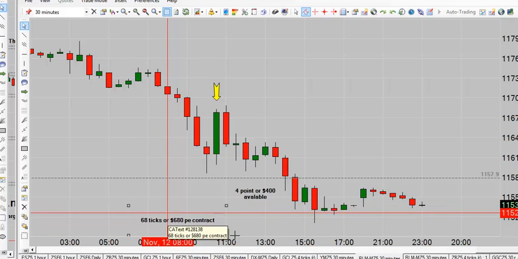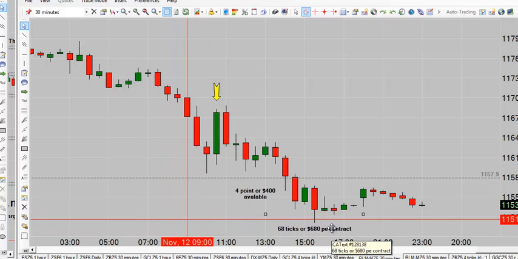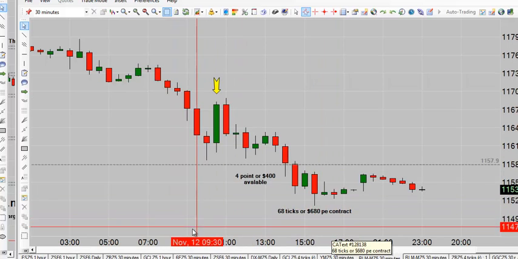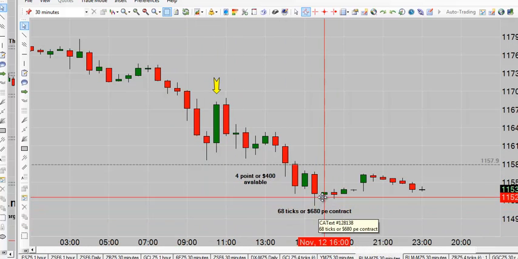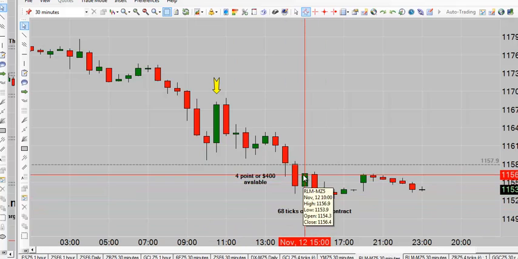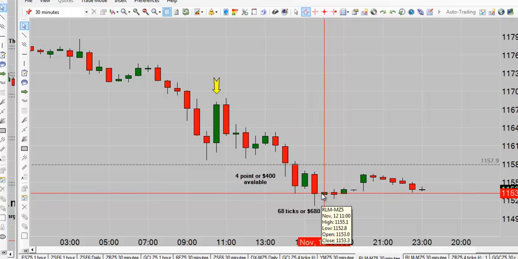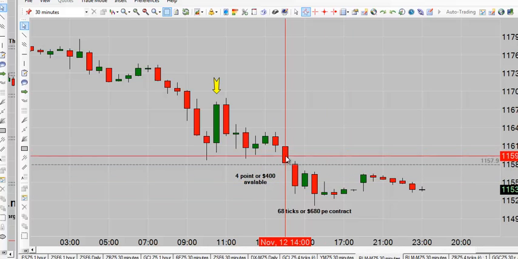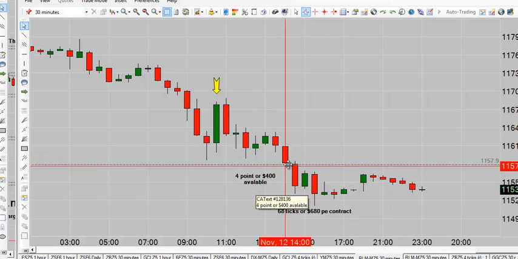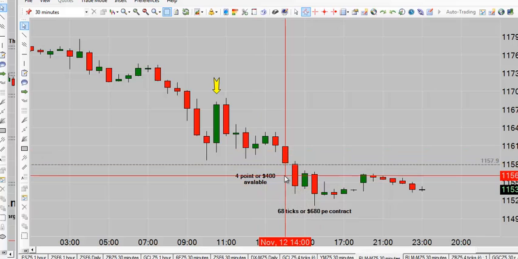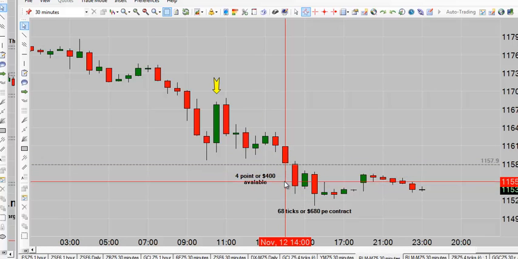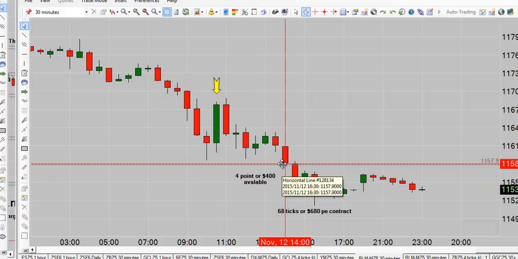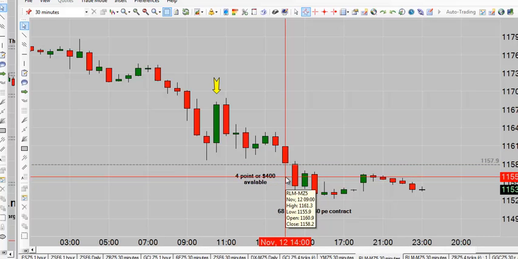Now, unless you're psychic or psychotic, I don't suspect you got out at the exact swing low. But when this baby started to pull back, either here or here, you got stopped out with profit. But remember, over here, if you got out at the swing low of this candle, $400 per contract, from 57.9 down to a swing low of 55.9.